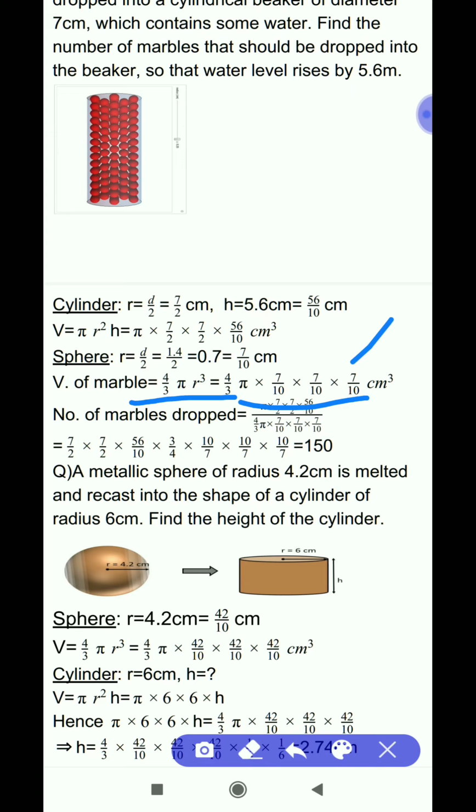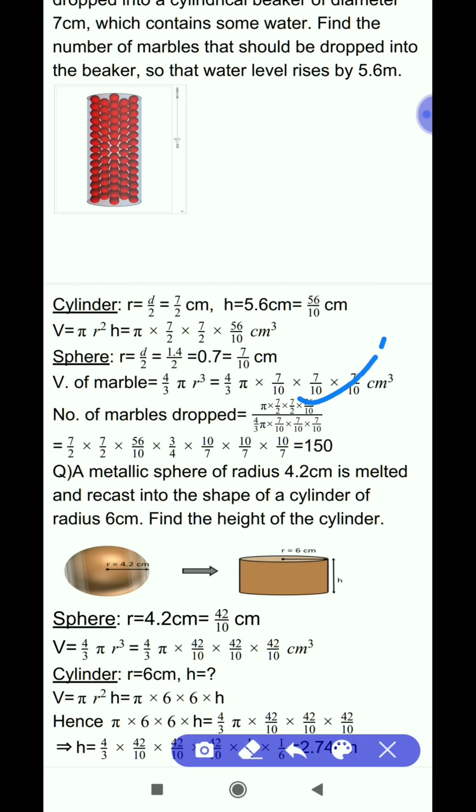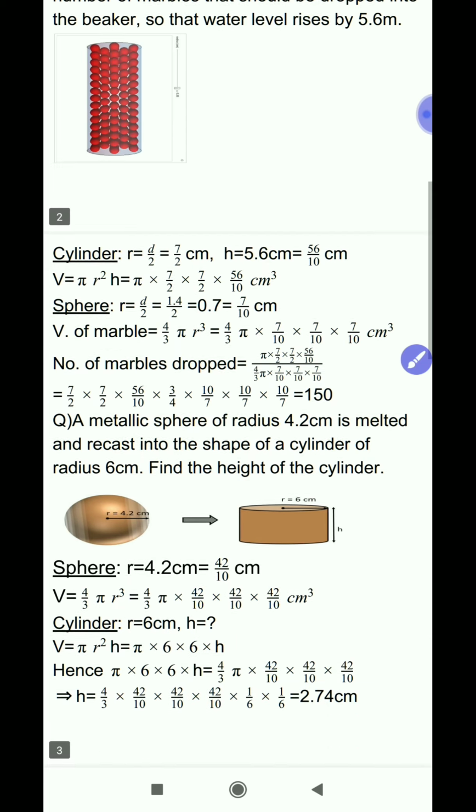Now, the number of marbles dropped in the cylinder is the volume of the cylinder divided by the volume of the sphere. By simplification, we get 150 spheres, or 150 marbles. Now let us come to the next question.